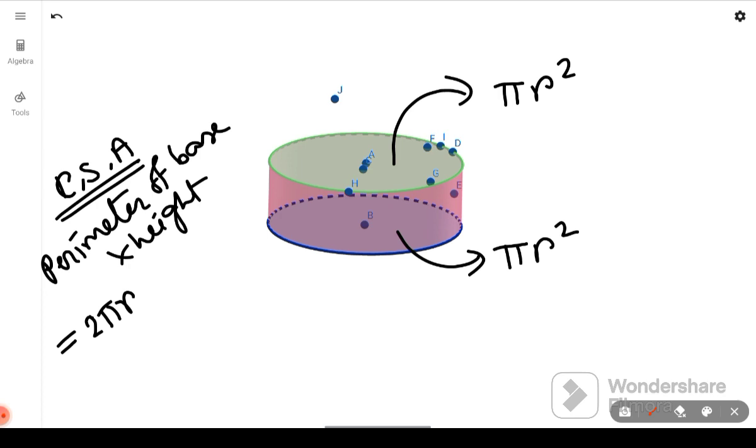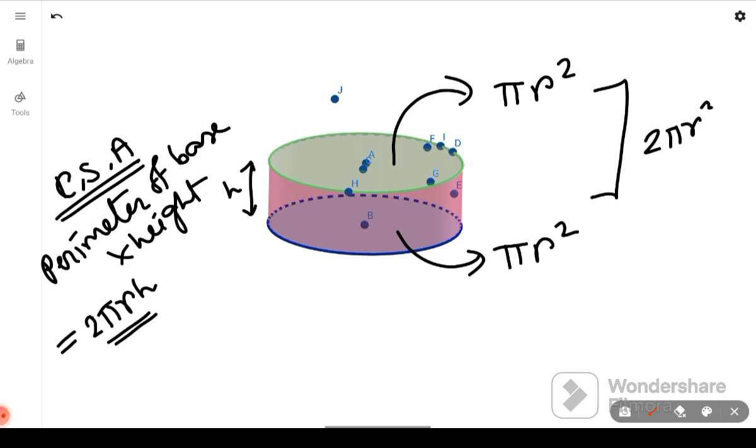And height is what? Suppose the height is h. Okay, so it will be 2 pi r h. So this is curved surface area, 2 pi r h, and these two, top and bottom, give 2 pi r square. So curved surface area is perimeter into height, 2 pi r h, and this is 2 pi r square, right?